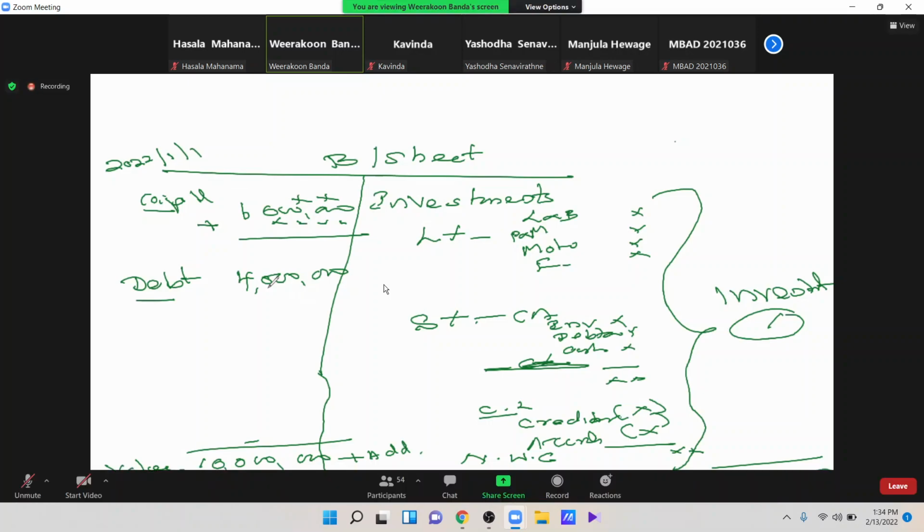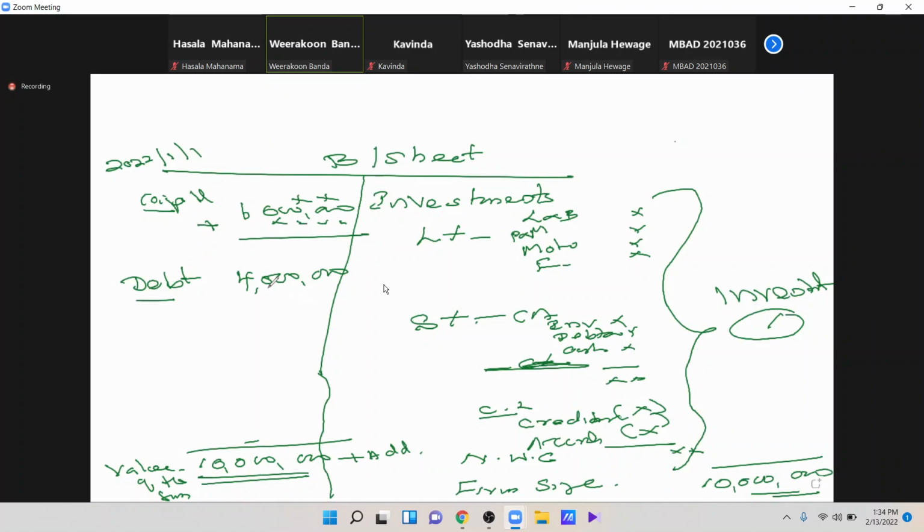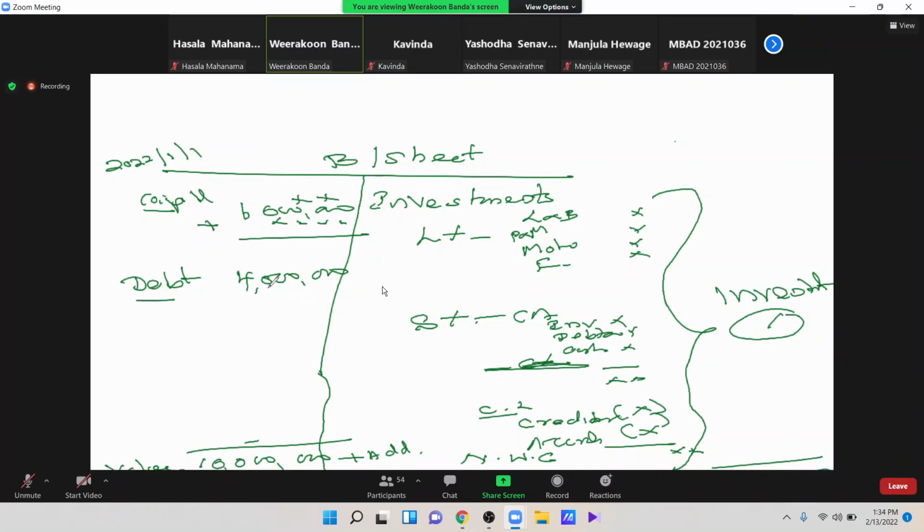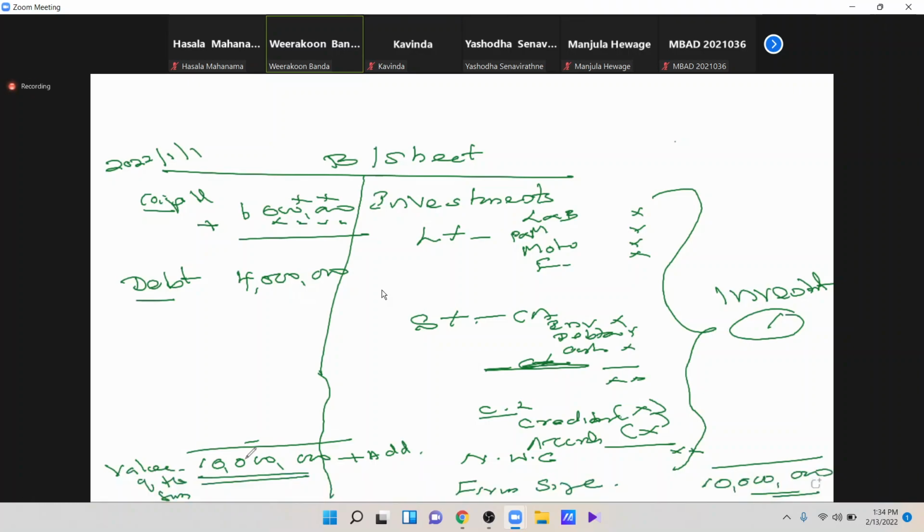Initially you invested your own capital of 6 million rupees and raised 4 million rupees of debt capital. At the end of the period, you expect more value than this 10 million rupees, because every time your purpose is to increase the company value, maximize the value of the company through profit or some value additions.